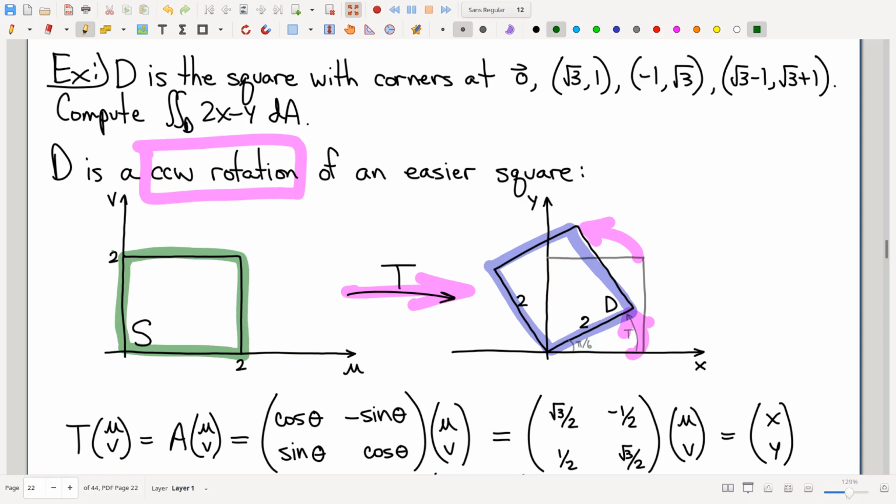So that means when you pull back, in some sense the exact opposite happens. The change of variables function rotates something counterclockwise. The result of pulling back means that I will take this already rotated square and effectively rotate it clockwise when I say I'm going to use this as my pullback domain instead.